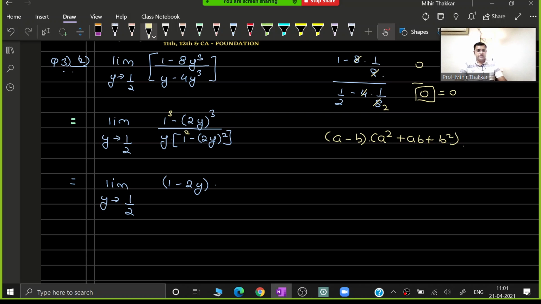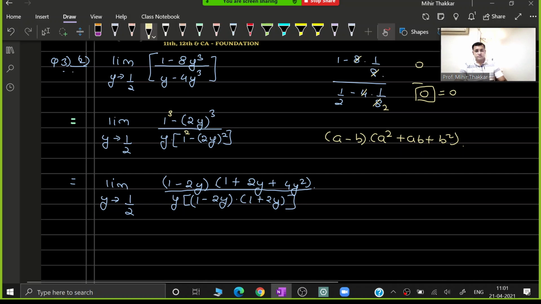So I am writing a minus b as 1 minus 2y, and for the second element it is 1 square, 1 plus 1 into 2y, that is 2y, and plus b square, that is 4y square. Denominator is quite simple: a plus b, a minus b. So I am just writing it as 1 minus 2y into 1 plus 2y.